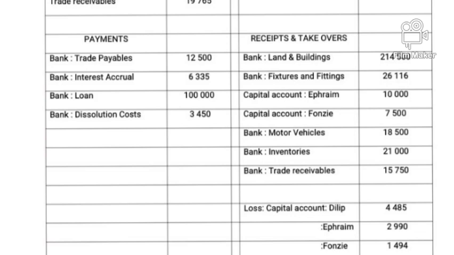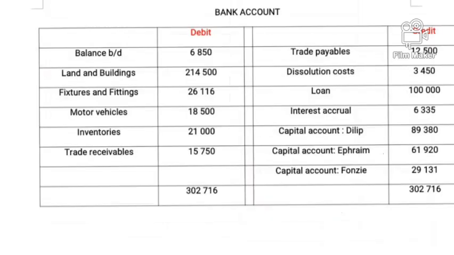If you look in the realization account under the heading payments, you have trade payables, interest accrual, loan, as well as the dissolution costs. All those payments are going to be transferred on the credit side of the bank account. So on the credit side of the bank account, I'm going to write trade payables 12,500, interest accrual 6,335, loan 100,000, as well as the dissolution cost of 3,450.